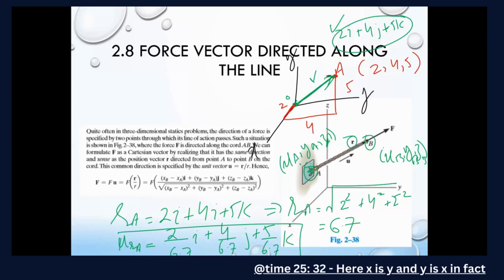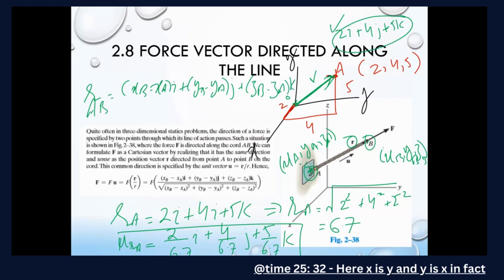You remember, it's final minus initial. So r from A to B is (xB minus xA) i plus (yB minus yA) j plus (zB minus zA) k. This is the position vector.